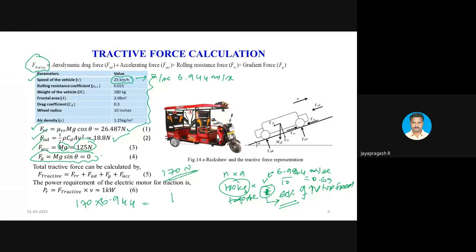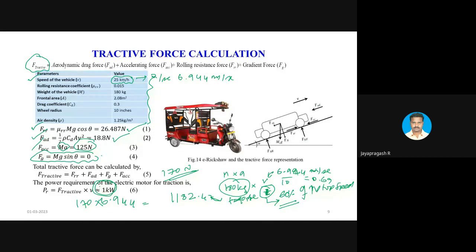You will get approximately 1182.47 watts. I have approximated it to 1 kilowatt. Since the power density of SRM is more, we can achieve the same job with a 1 kilowatt motor itself. So we fix the power rating as 1 kilowatt.